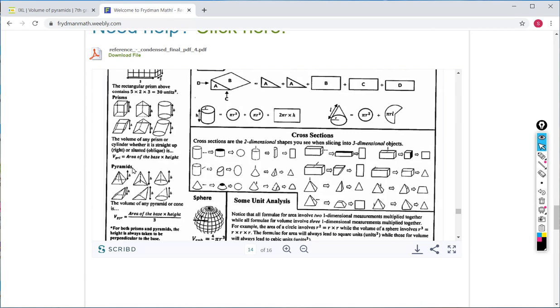For a pyramid, the bottom could be a rectangle or a triangle or a circle or whatever, but the top is not also a rectangle or a triangle or a circle. The top just comes to a point. So that's how a pyramid is different from a prism. The bottom is not the same as the top, whereas in a prism, we have two identical bases, which I'm just casually saying the bottom and the top.